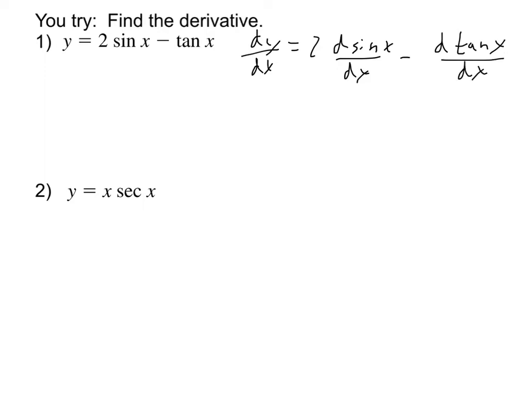So this would go to equals 2 times the derivative of sine, which is cosine of x, minus the derivative of tangent, which is the secant squared function. So that is dy dx for this first one. Okay, so go ahead and try the second one and hit pause.